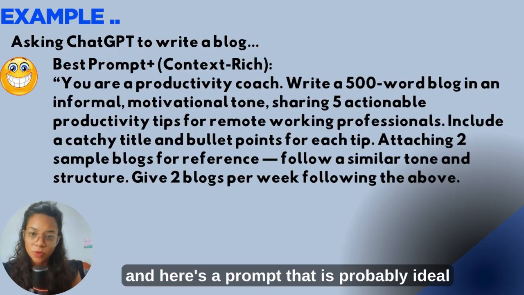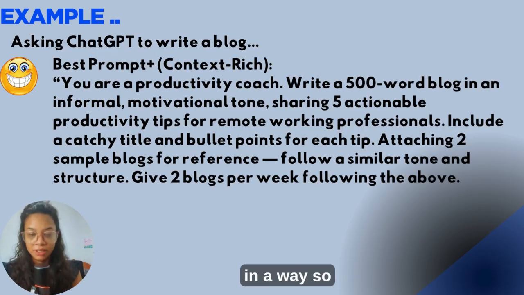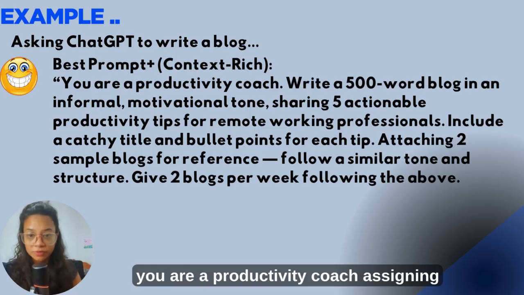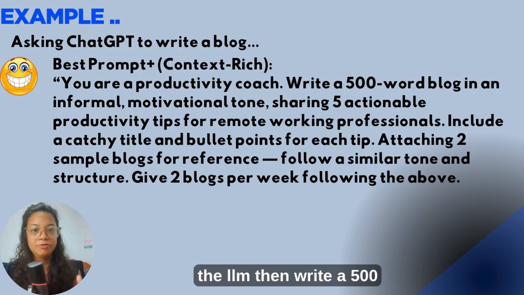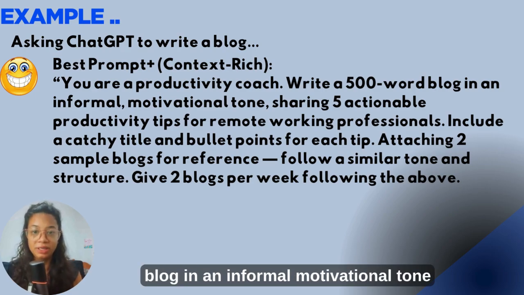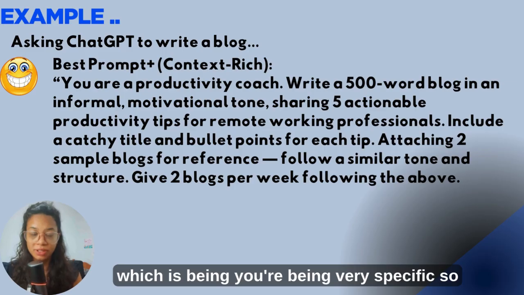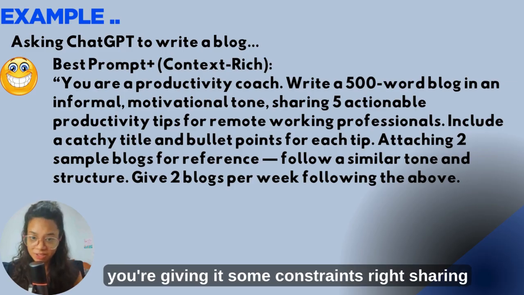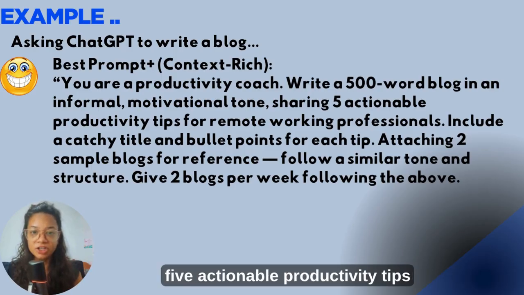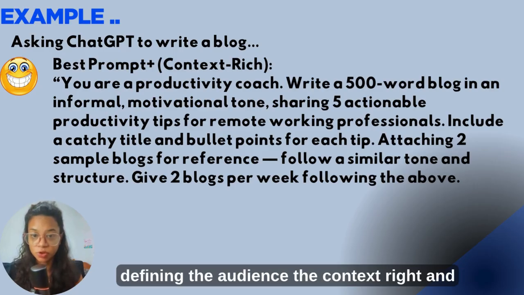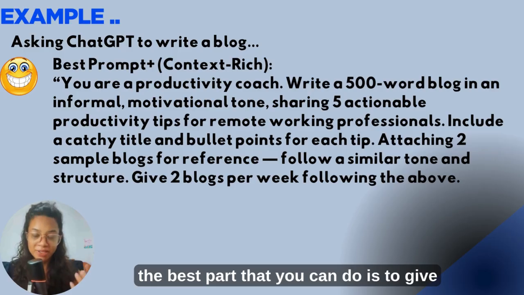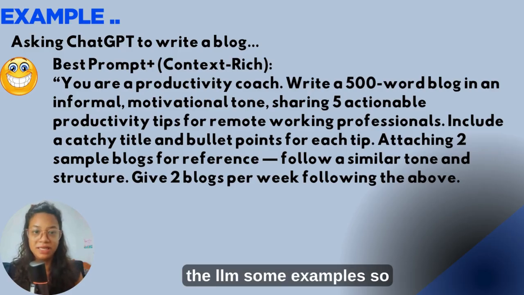And here's a prompt that is probably ideal in a way. "You are a productivity coach," assigning a role to the LLM. "Write a 500-word blog in an informal, motivational tone," being very specific, giving it some constraints. "Sharing 5 actionable productivity tips for remote working professionals." So you're also defining the audience and the context. And the best part that you can do is to give the LLM some examples.